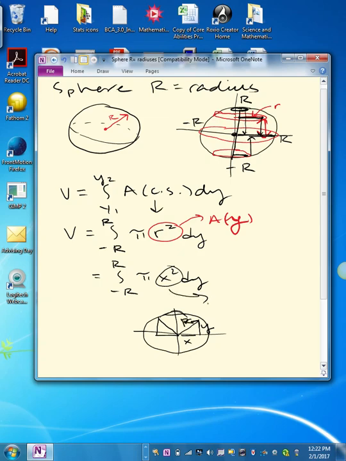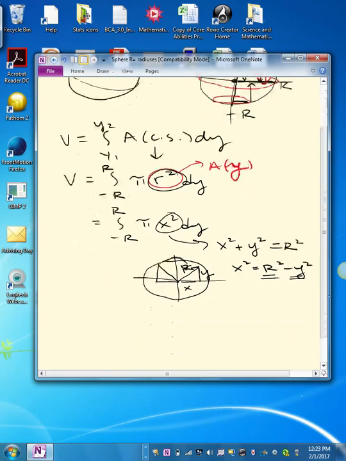So I'm going to use that relationship on the xy plane: x squared plus y squared equals capital R squared. I want to replace r, so I end up with x squared equals R squared minus y squared. R squared is fixed, so I'm okay to leave that, and y then is my only variable.